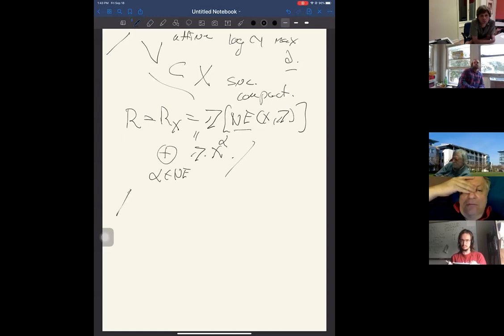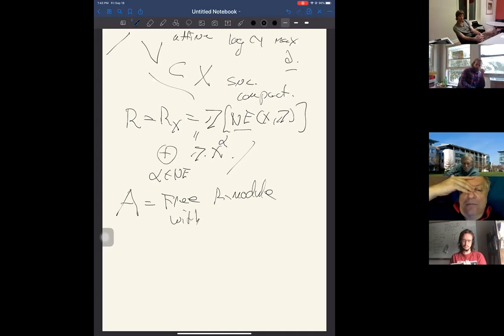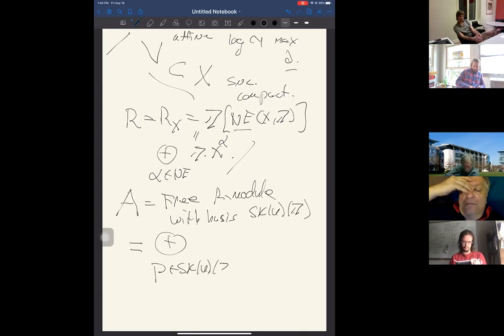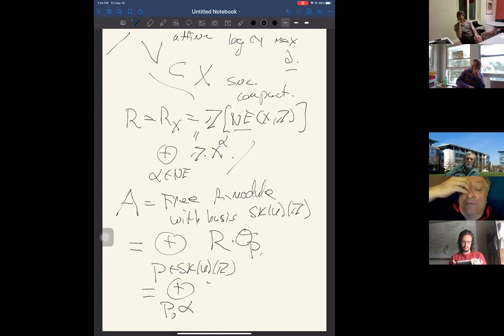And let A be the free R module with basis the tropical set, SKU Z. We write it formally as the direct sum over P in the tropical set of R, our coefficients, times a basis vector that we call theta P. If you expand out what R is, you get the direct sum over these boundary divisors P and the curve classes alpha of integers times theta P X to the alpha.